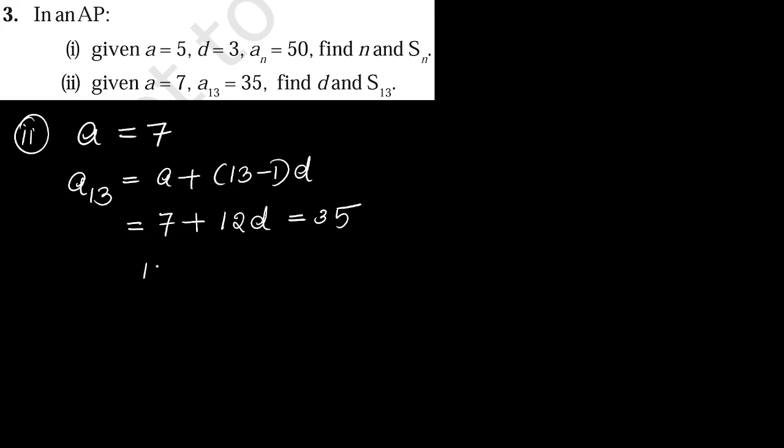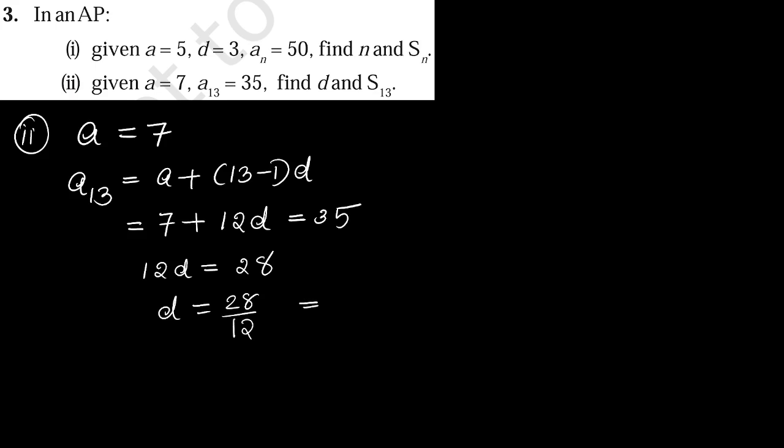Then 12d is equal to what? The 7 goes to the other side. 35 minus 7, it is 28. Let me check my calculation once again. 7 plus 12d is equal to 35. 7 goes to the other side. 12d equal to 35 minus 7, 28. d equal to 28 by 12.